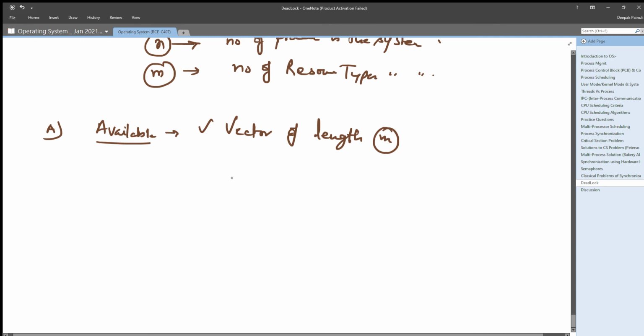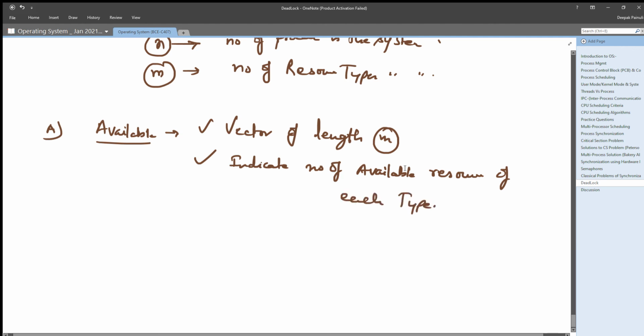So it is the vector of the number of resources, and it will simply indicate the number of available resources of each type. It will be a vector of length m, and indicate the number of available resources in the system. So how can we write them?